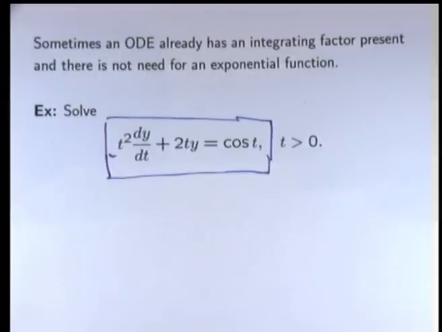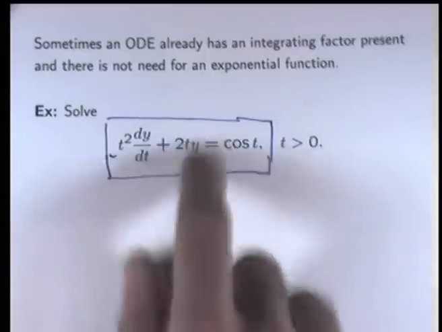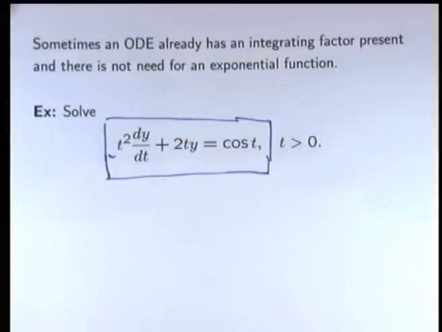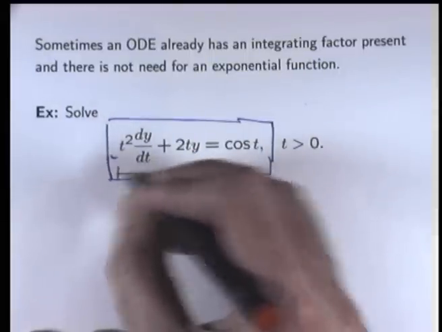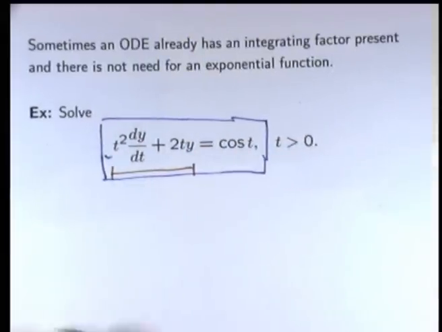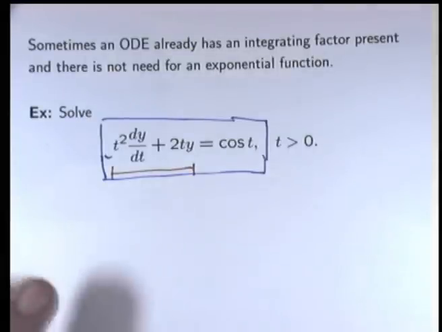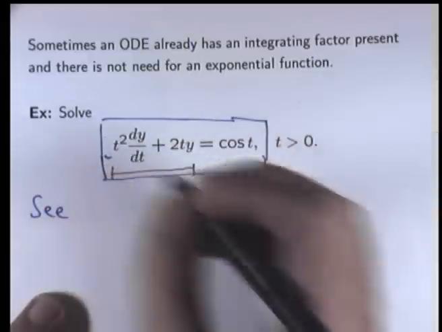However, the previous procedures aren't really necessary. You don't really need to build an exponential function for an integrating factor to solve this problem. Hopefully what you can do is realize that the left-hand side is just the derivative of a product. A really simple product.